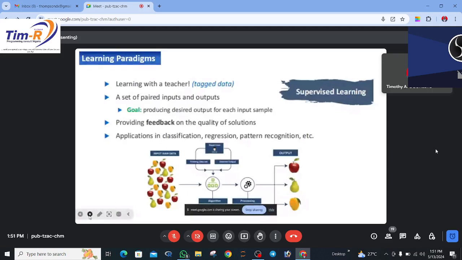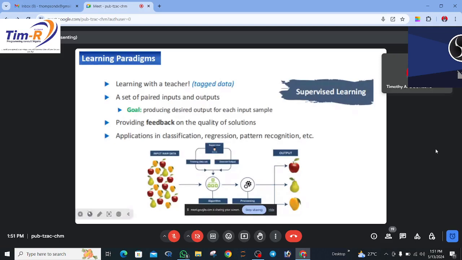Applications in classification, regression, pattern recognition, etc. relate to this learning paradigm. Here we can see the input of raw data, the supervisor, the training data set and the desired output, the algorithm working on it, the processing, and then the output. That's supervised.